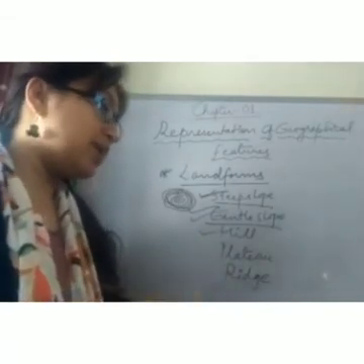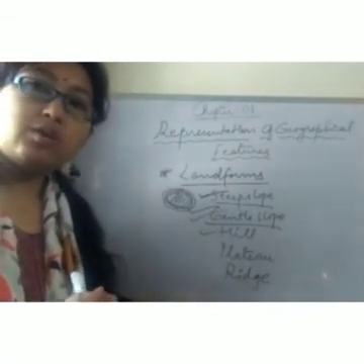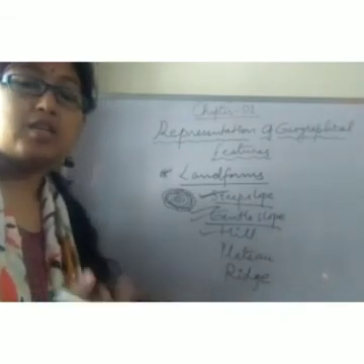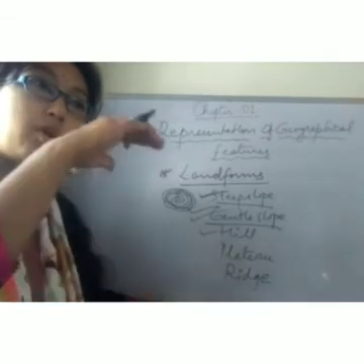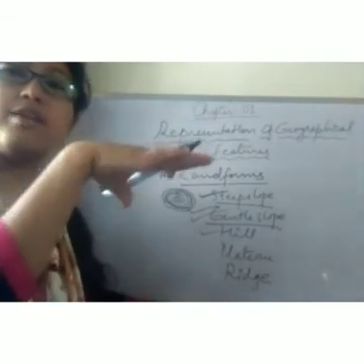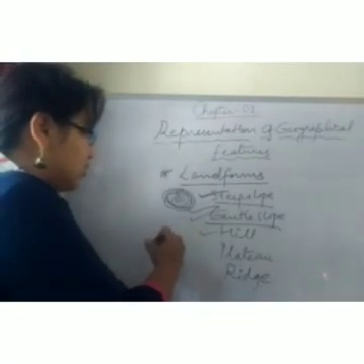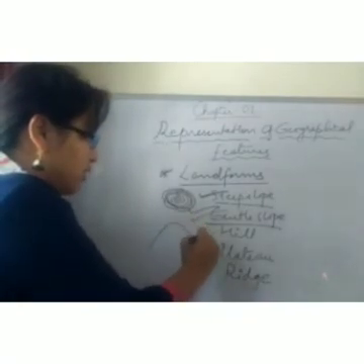Now next is plateau. Plateau, we all know, it is known as table land. So why is it table land? Because the top of the land is almost flat. Because generally in hill and mountain, you see this type of summit.